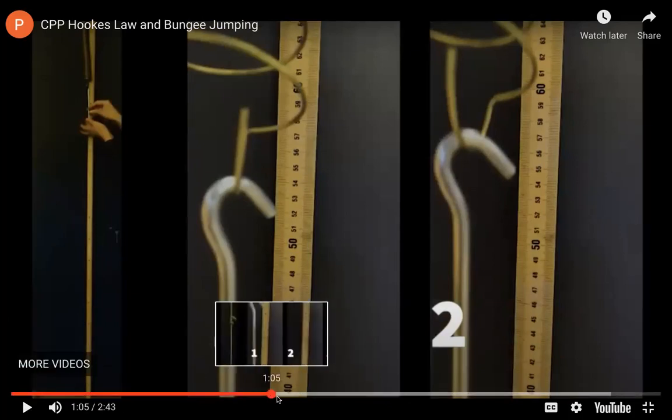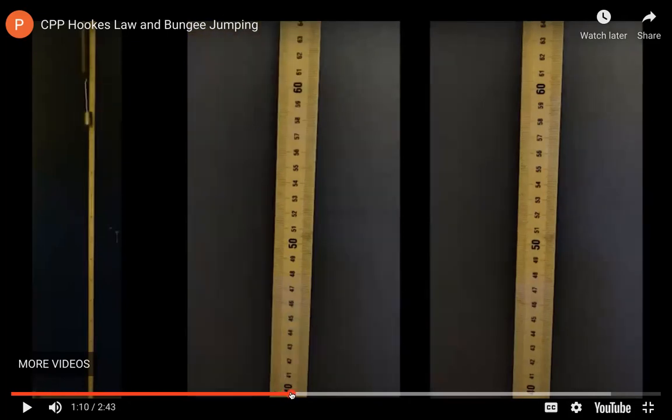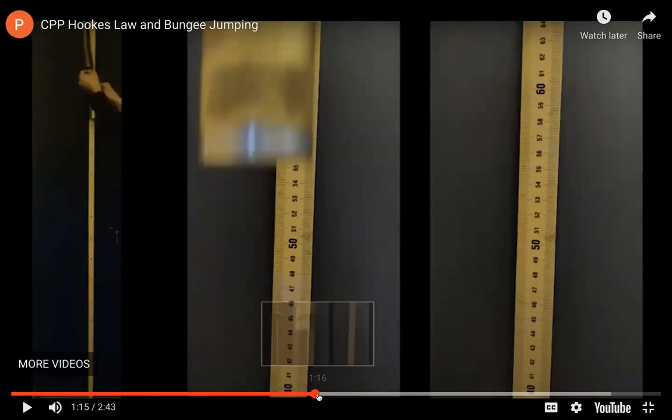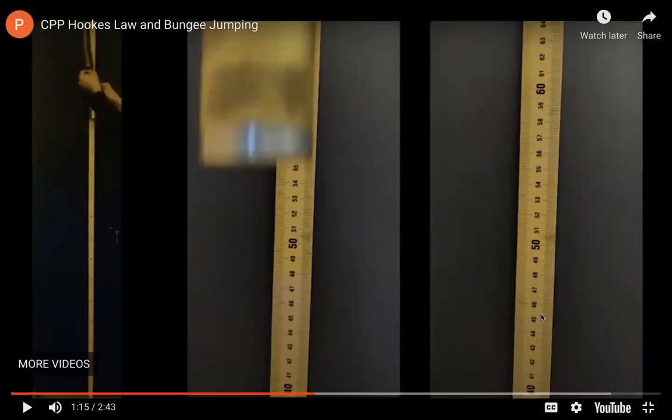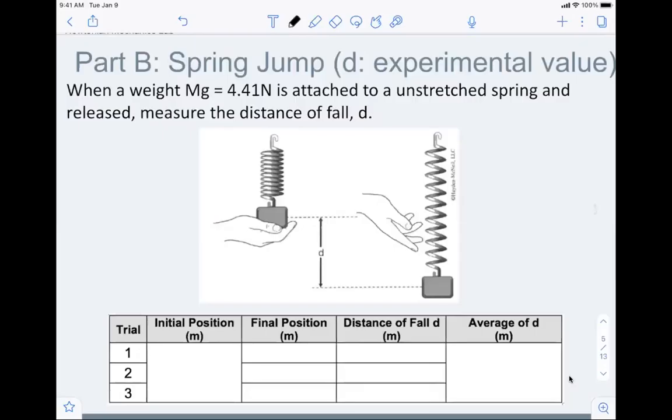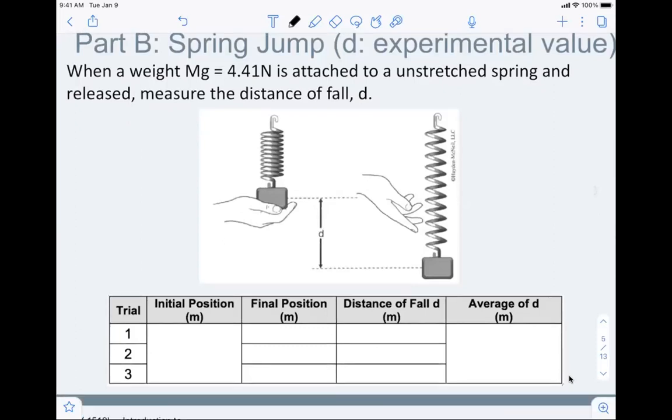Later, they give you another film, film 3. And you take the average of all 3 and you get an average distance of the fall using the experimental method. The initial position should have already been recorded from part A, and you will read 3 different final positions and take the average for the distance of the fall.